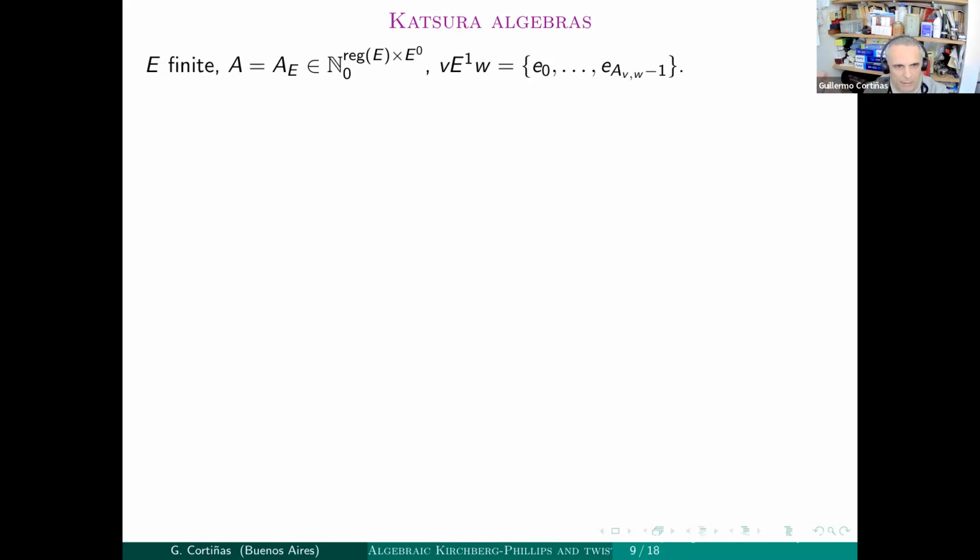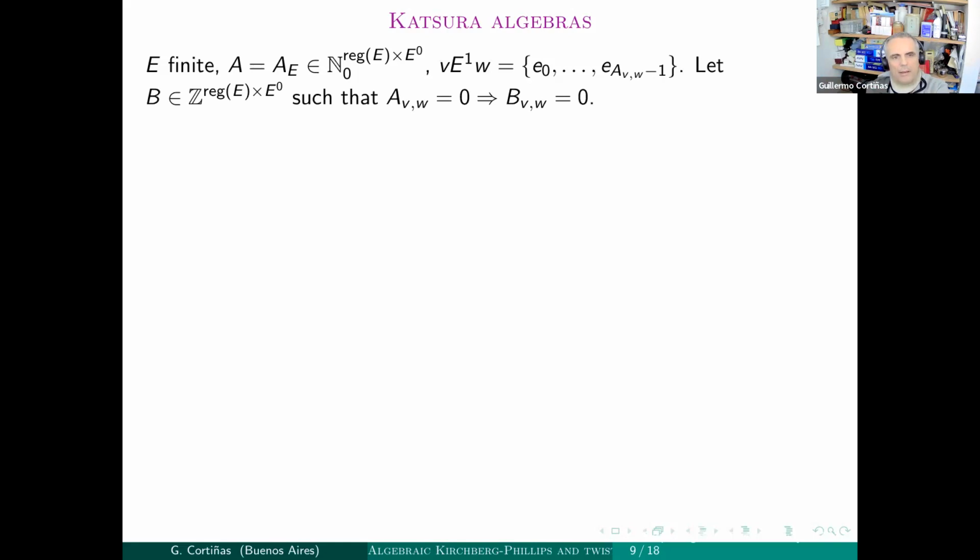So one has a finite graph E, with incidence matrix A, indexed by reg E, meaning the regular vertices. Since E is finite, that means those vertices that are not sinks. And then I write B1W for the set of all edges whose source is B and whose range is W. And I number them from 0 to, well, they are as many as ABW, so I label them from 0 to ABW minus 1.